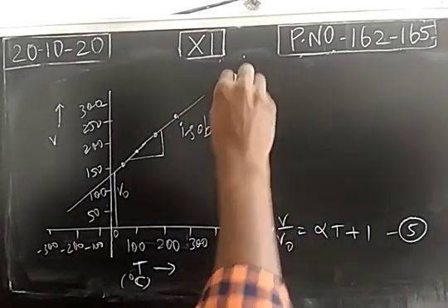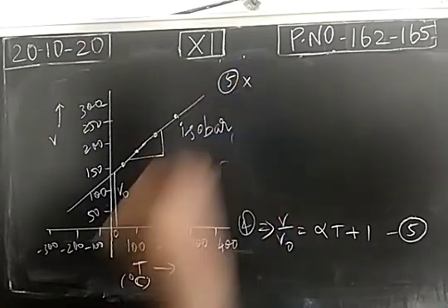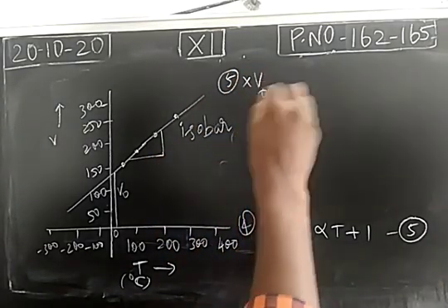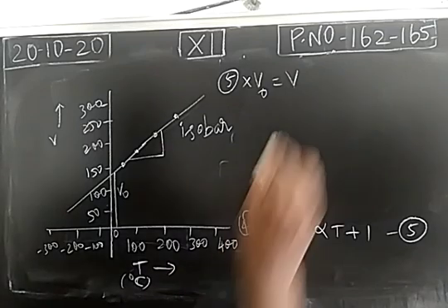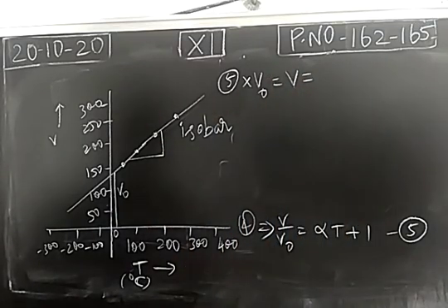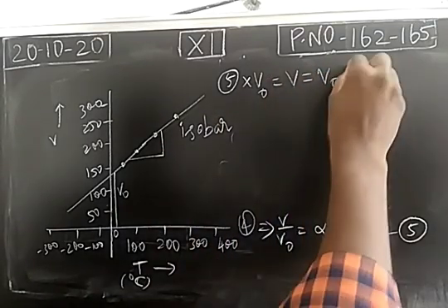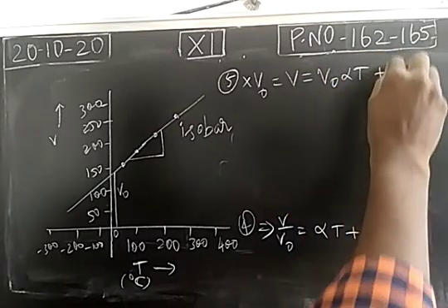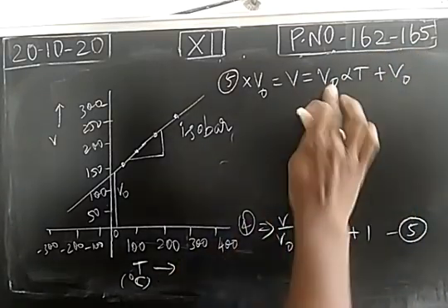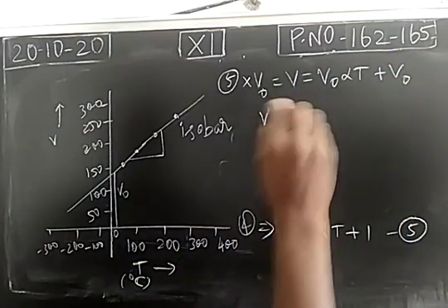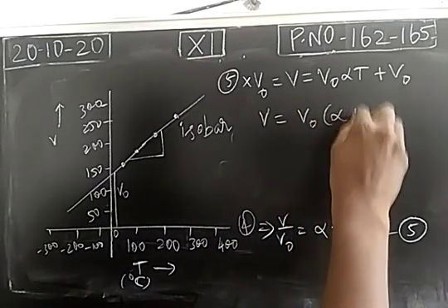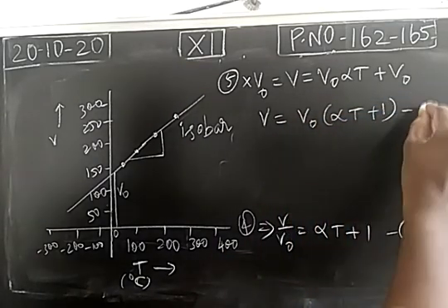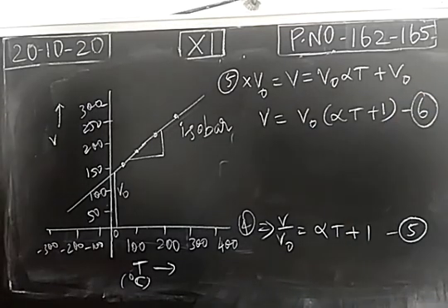Next, equation number 5 is multiplied by V0. So we get V is equal to V0 alpha T plus V0, and V0 is common, so V is equal to V0 (alpha t plus 1), and take it as equation number 6.